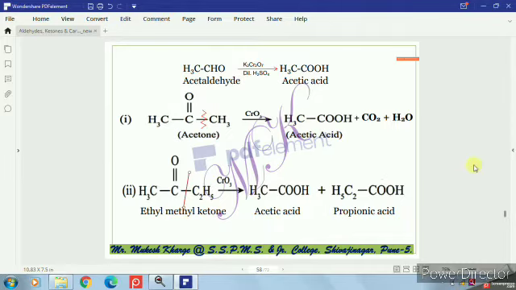Okay, one molecule is acetic acid, ethanoic acid is the IUPAC name, and another molecule is propionic acid as a product.